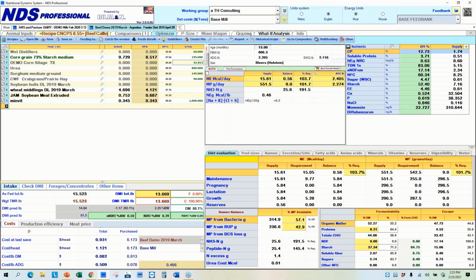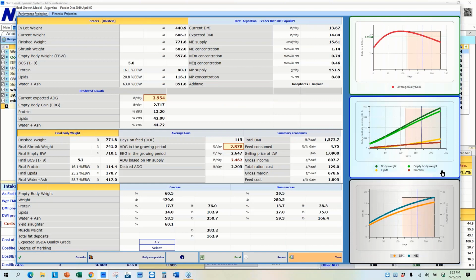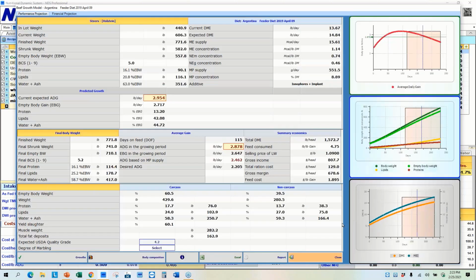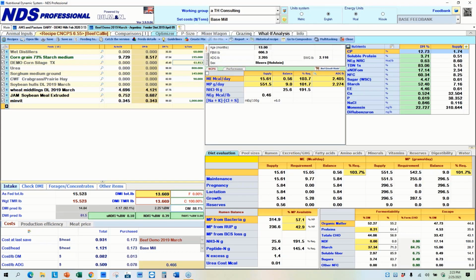So the difference is that in the CNCPS, we may need to have body fat in advance, while with the beef growth model, we evaluate the body composition through the whole growth period. So we do not need to have this information in advance because the model calculates the expected body composition.